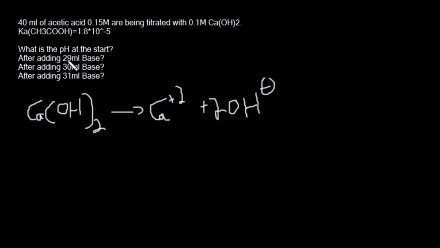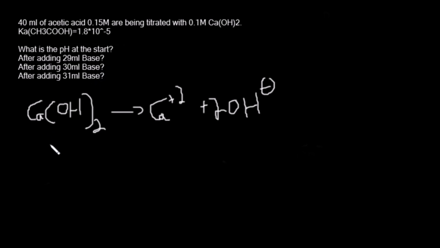After we add 29 milliliters of base, to find the moles of the base, you just do the concentration times the volume. So it's 0.1 times 29 divided by 1000, because you need the volume in liters.